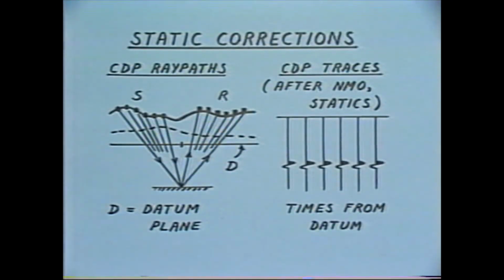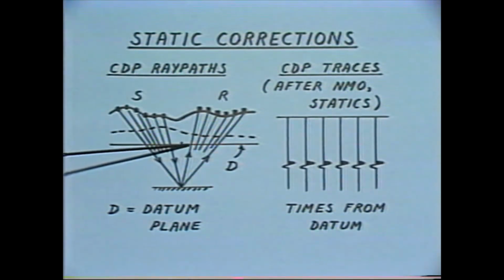Well, the way in which that is corrected is illustrated on this slide. We pick a certain elevation, usually called the datum plane or datum elevation, and generally it's chosen so that it's somewhat below the base of this low velocity weathered layer.